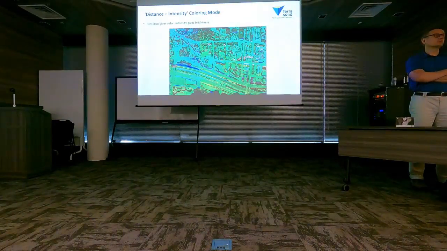Red and blue mean that they are far away from each other. So red places, blue places are mismatches between flight passes.